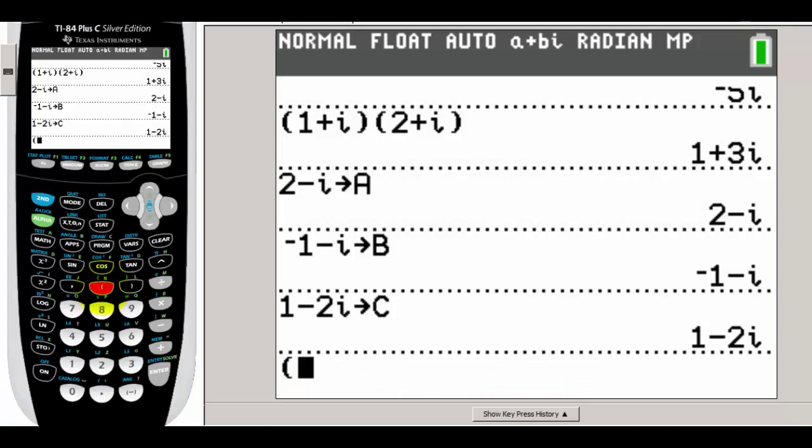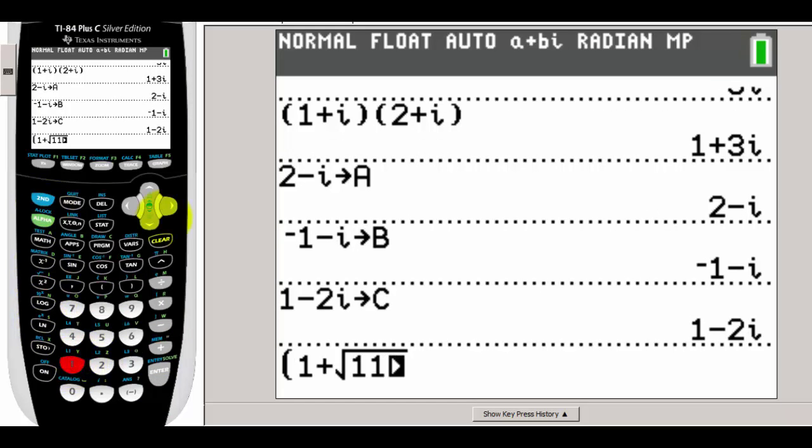I need to open the parentheses, of course. 1 plus square root of 11 divided by 10 times 1 plus 3i, and I'm going to store that in, let's try D. Yeah, I haven't used D.